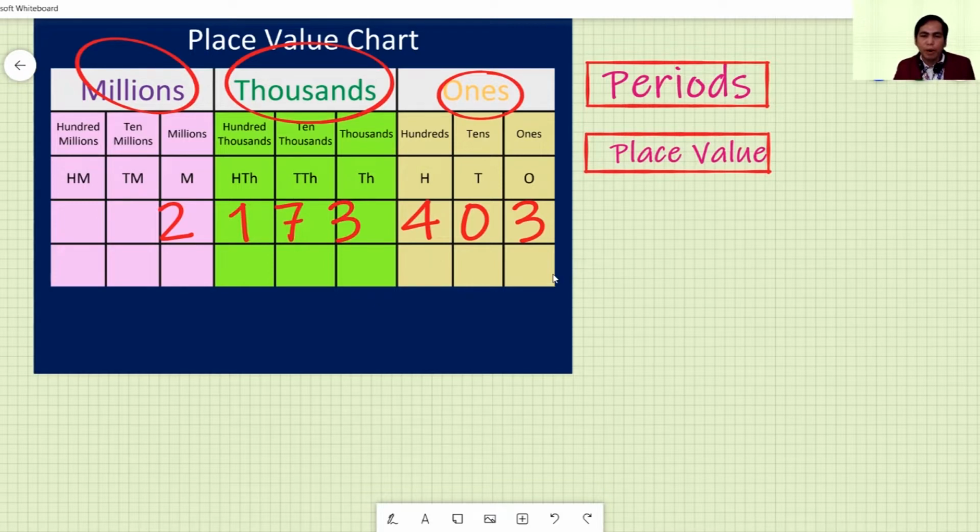All of them are found in the ones period, while the digit 3 is found in the thousands place, the 7 is in the 10,000s place, and the 1 is in the 100,000s place, and all of them are found in the thousands period, while we only have one digit left for the millions period, and it is found in the millions place value.